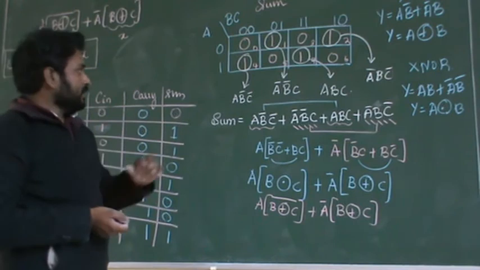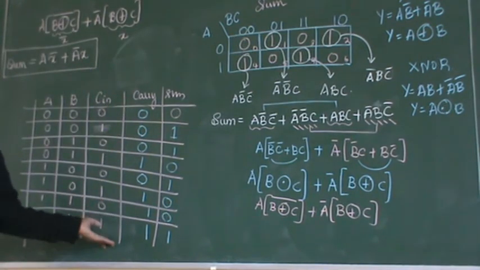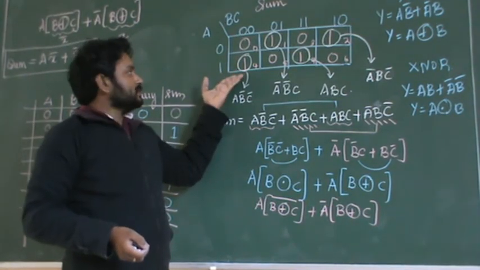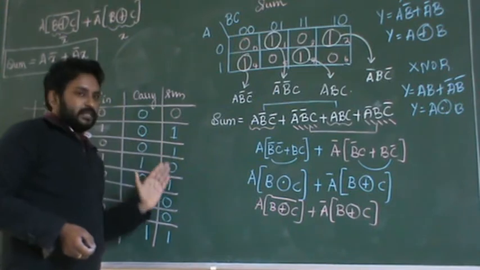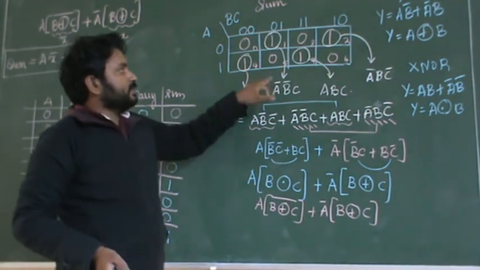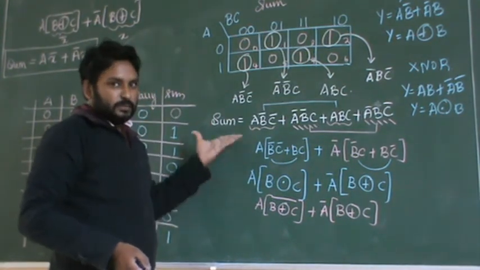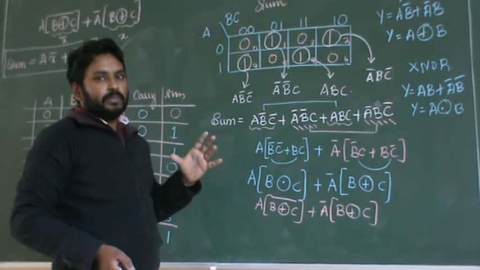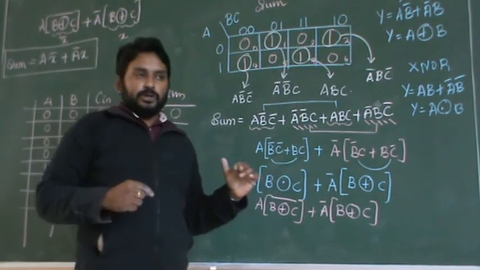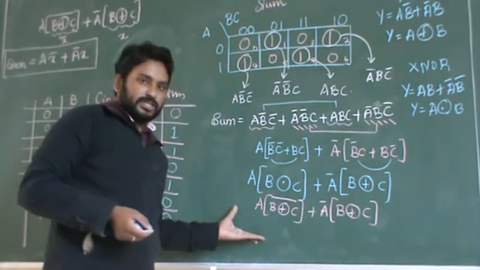I repeat once again: write down the truth table for sum and carry, write down the K-map and fill the cells by copying the representation from the truth table into the K-map. Then write down the expression for each and every group. Now I have made a small simplification in order to make my circuit diagram look very neat and my work a little bit easier.